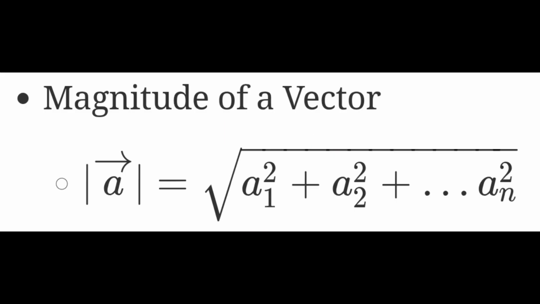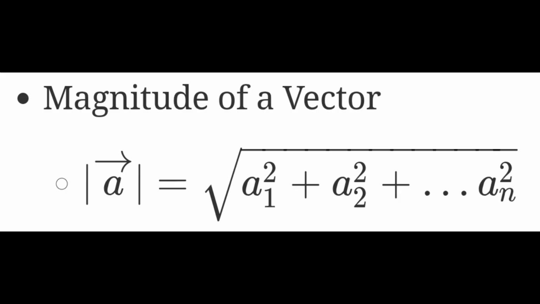We're going to have to also understand how to get the magnitude of a vector. So whenever you see a vector, it's usually a letter with a line over it, or an arrow over it, like that. And then the magnitude would be the two vertical bars to the left and the right in that image you see there.